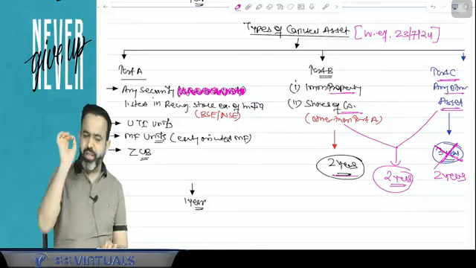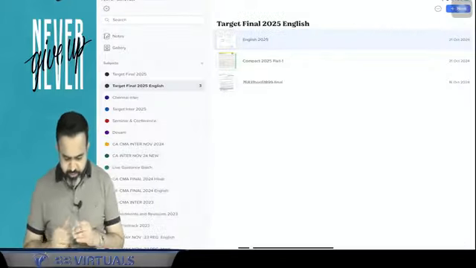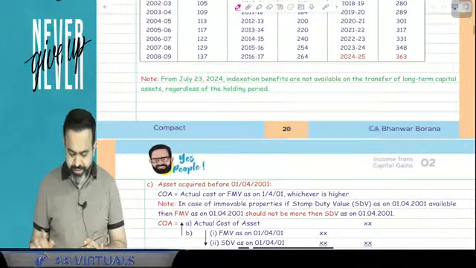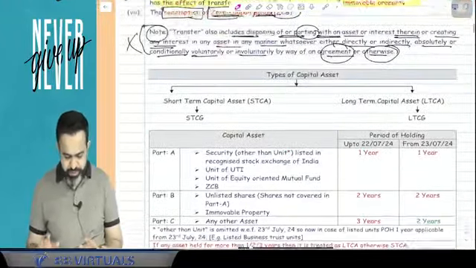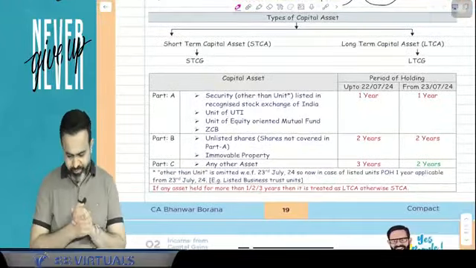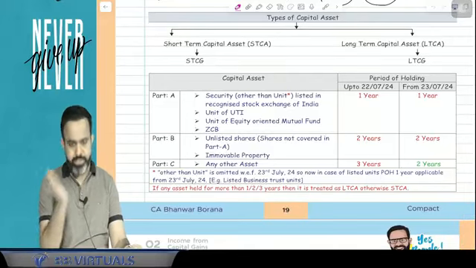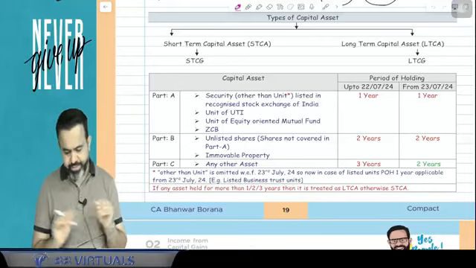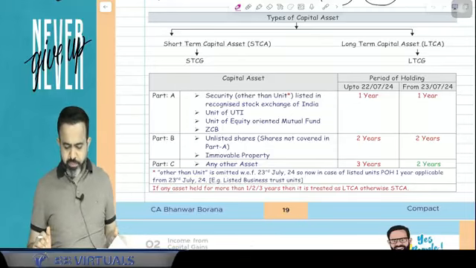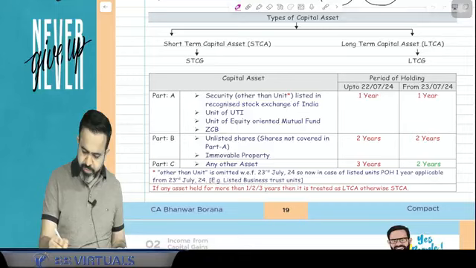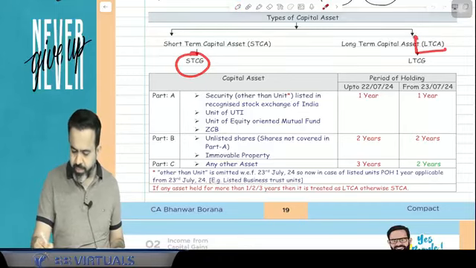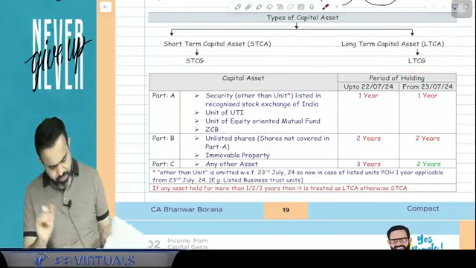Okay. Now guys, first we will check your compact, what is written here in the compact. So first in the compact, type of capital asset: short-term capital asset and long-term capital asset. If you transfer a short-term capital asset, there will be a short-term capital gain; for a long-term capital asset, a long-term capital gain.